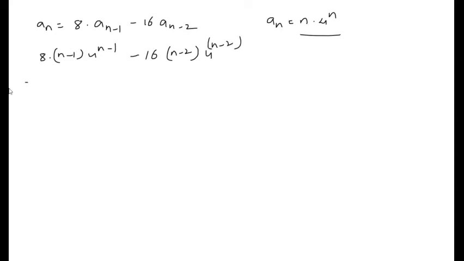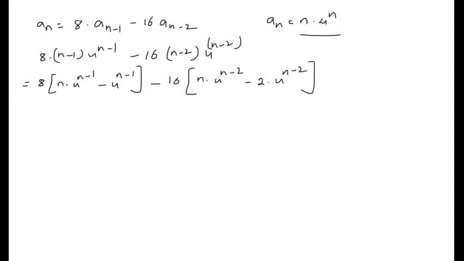Now we will expand it as 8 into (n-1) into 4^(n-1). So n into 4^(n-1) minus 4^(n-1), minus 16 into (n-2) into this term, so n into 4^(n-2) minus 2 into 4^(n-2). Again we will further expand by multiplying with 8.